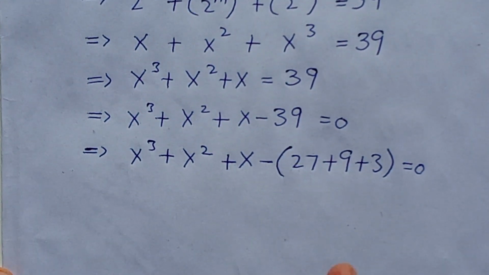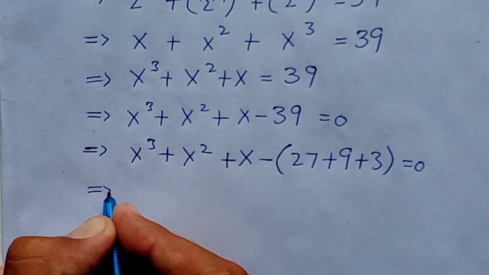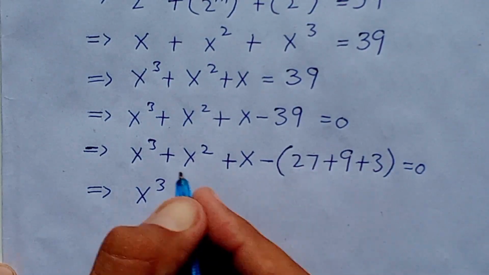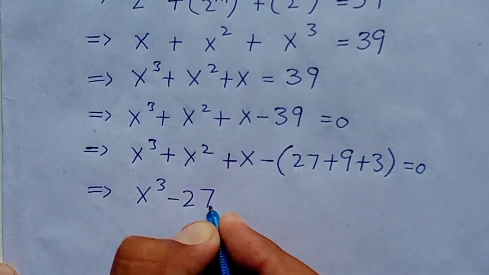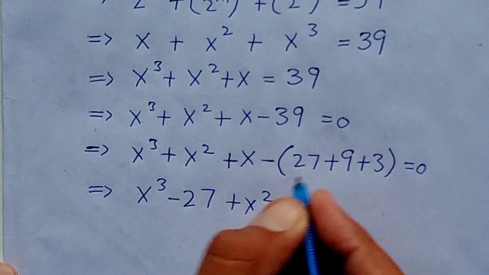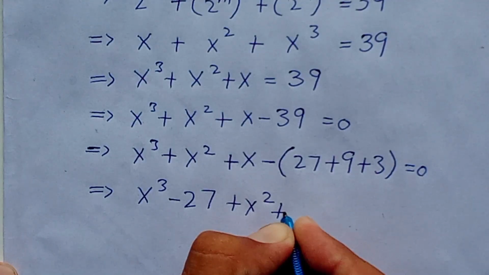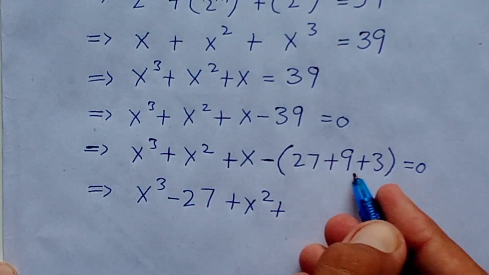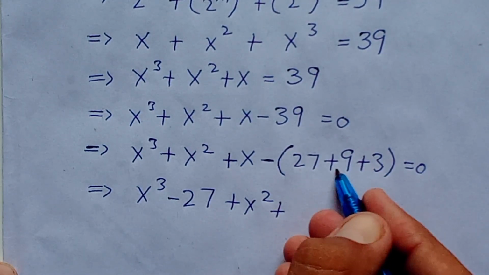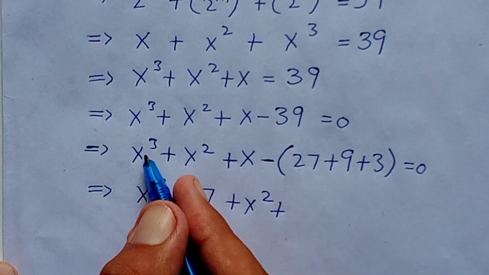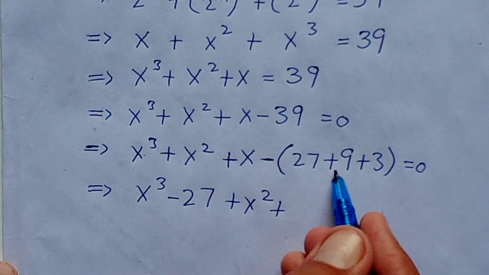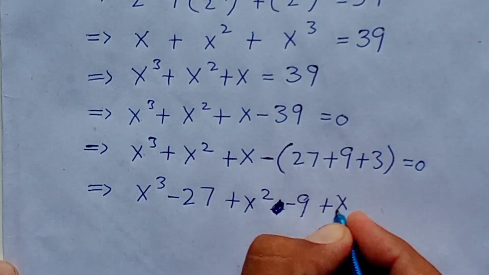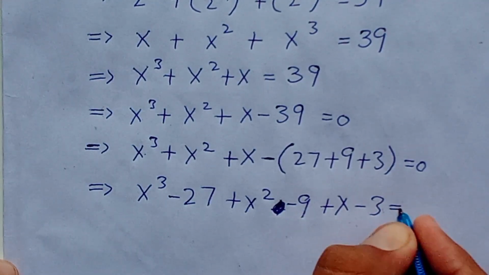Now I can write it as x cube minus 27 plus x square minus 9 plus x minus 3 is equal to 0.